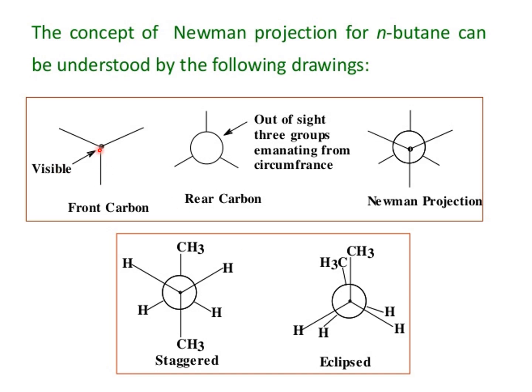This dot, as I told you, is the front carbon. All three groups attached to it are shown by somewhat longer lines. Whereas the rear carbon by means of a circle has shorter lines when compared to the front carbon. If you combine both front carbon and rear carbon, this will be the structure. This representation is called Newman.